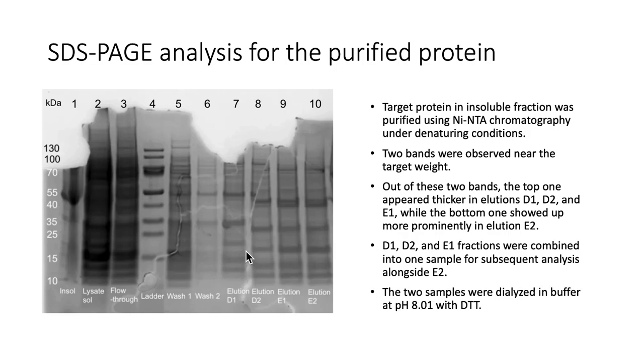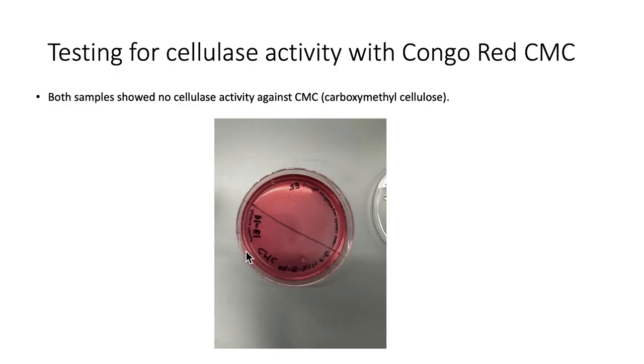Our D1 through E1 sample and E2 sample were both dialyzed in monosodium disodium buffer at pH 8.01 with DTT, and we did this in order to refold our proteins. After dialysis, we tested for cellulase activity with Congo red assay.